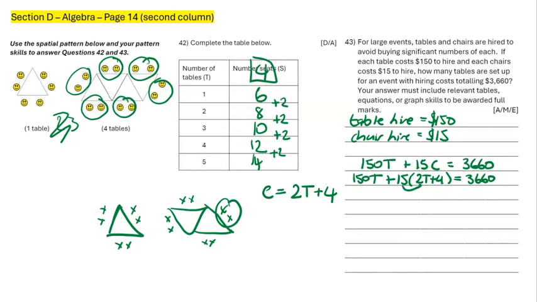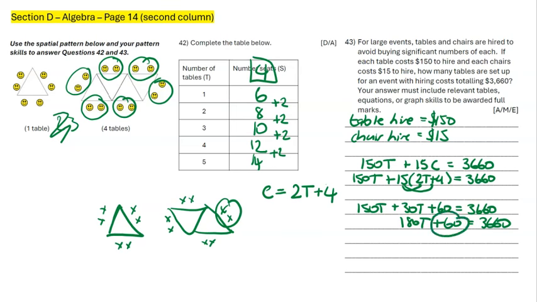So I'm now going to expand. So that times that is the first step. So 150t, that times that there is 30t. And then we've got 15 times 4 is 60, and that should be equal to 3,660. I can now simplify the t. That's going to be 180, right? So we've got 180t plus 60 equals 3,660. I can now start solving.